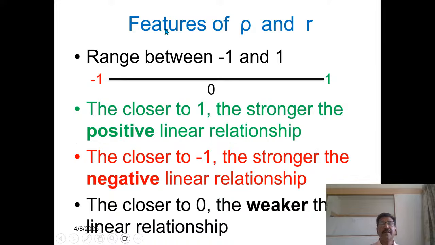What are the features of rho and r? The range is between -1 and 1 only.